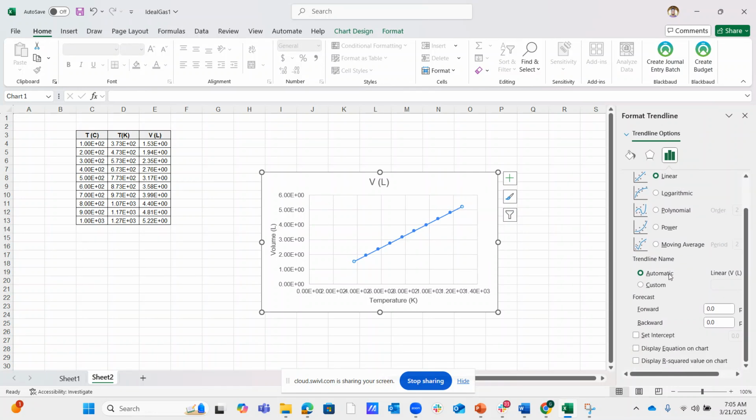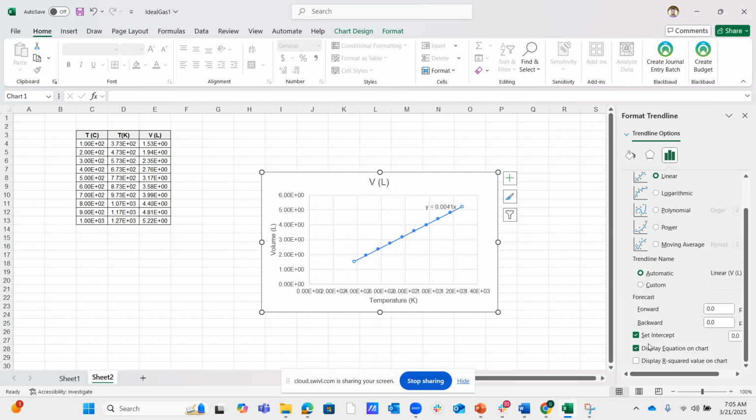Then I go to automatic. Here they're going to try and extrapolate the line for you. So they're going to stretch this line forward or backwards to get the intercept. That's just for another day. Right now, I just want them to set the intercept and I want them to display the equation on the chart.